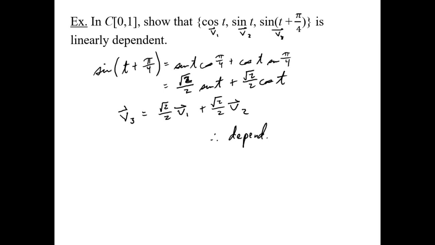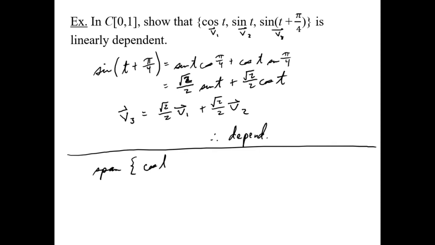Let me say that again. The span of any set of vectors is a subspace. In this example, the span of cosine t, sine t, sine of t plus pi over 4 is a subspace. And the span of any vectors is a subspace.